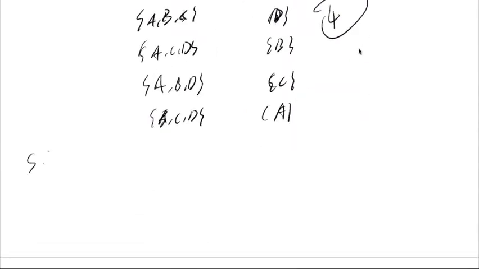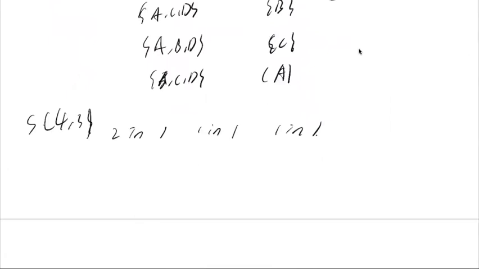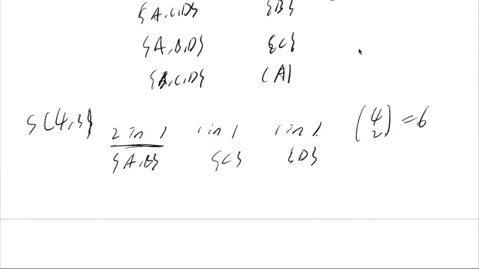And then let's look at S(4, 3). That's basically putting 4 people into 3 different boxes. Since we only have 4 people, it has to be 2 in 1, 1 in 1, and 1 in 1. So essentially, it should be 4 choose 2, because only the 2 in 1 is different from the others, so it should be 6. But we can count it out. We can choose A, B, and let C and D be on their own.